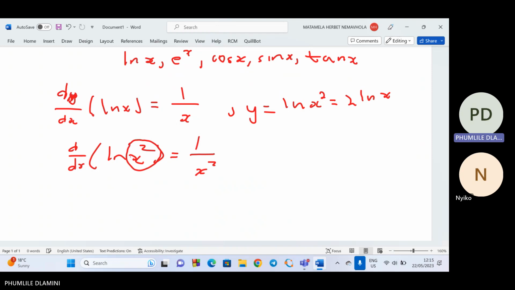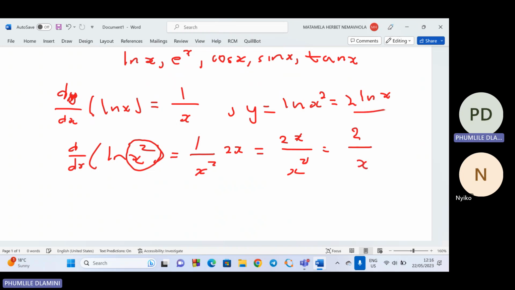What is inside is x squared, and when we differentiate we get 2x. So the answer becomes 2x over x squared. We cancel this x with this one, and we remain with 2 over x.